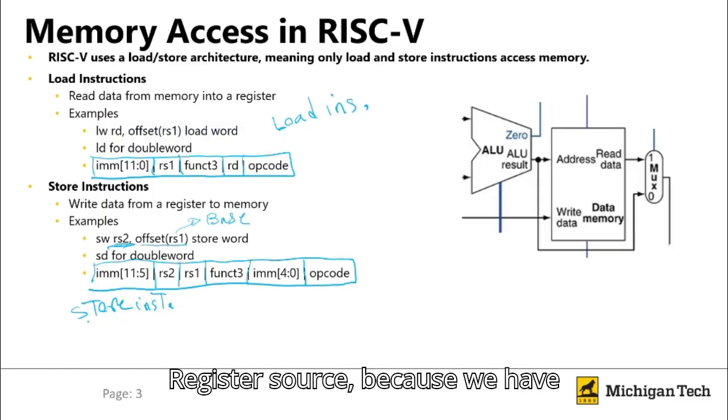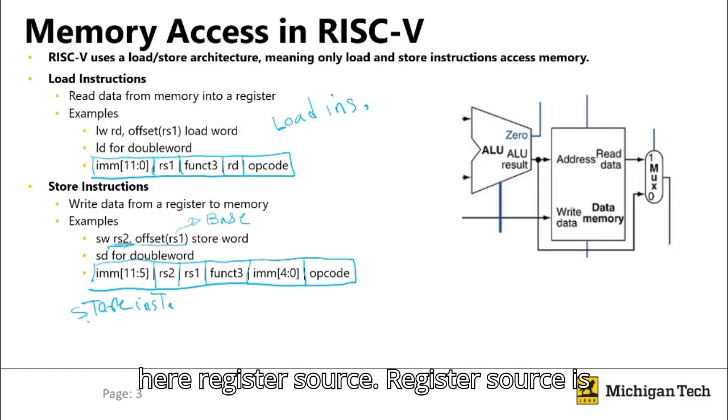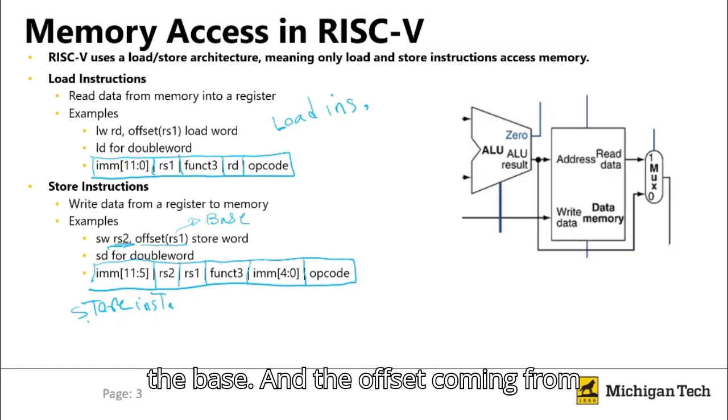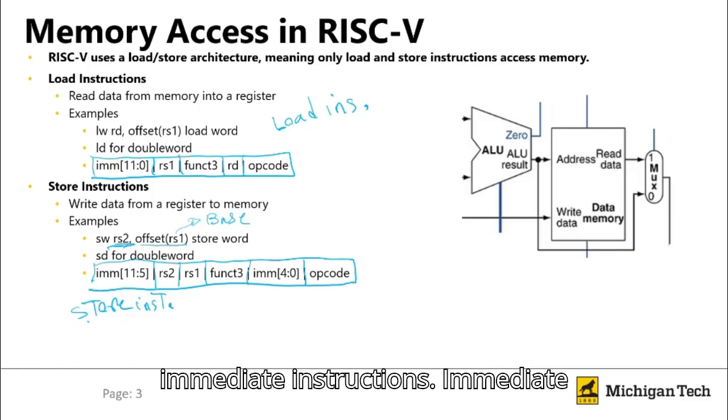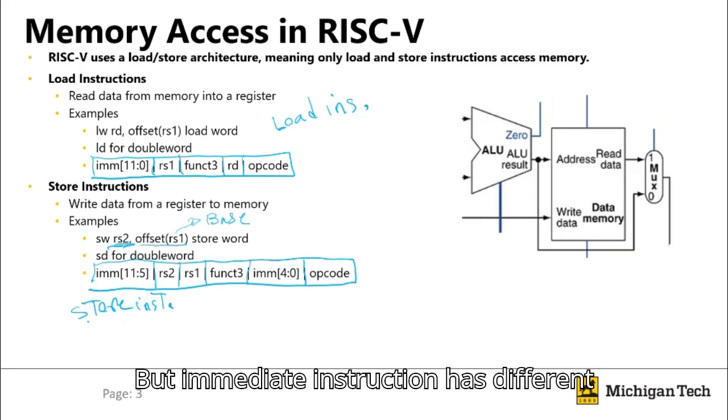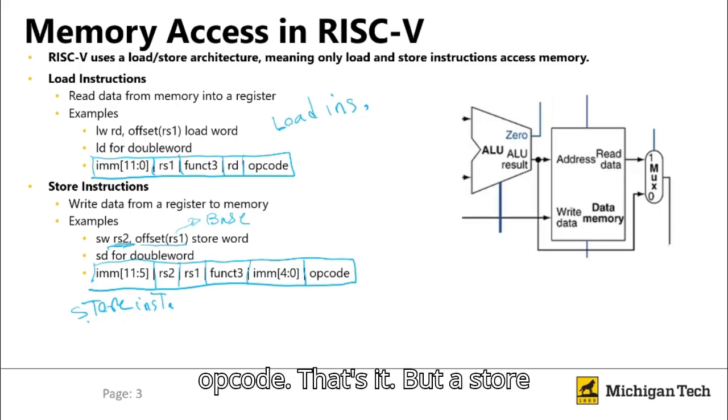Then the source register, which is the base, and the offset coming from these 12 bits. Exactly similar to immediate instructions. Immediate instructions have this format as well, but with a different opcode. But a store is completely different.